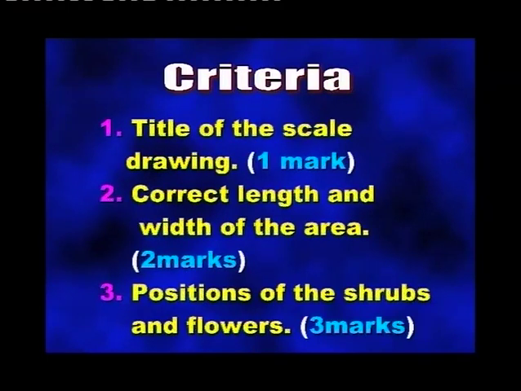Okay, let's have criteria 2. The second criteria: correct length and width of the area. Good. Now, the length and the width of the area, you are going to measure in square meters because you will be using the 1 meter ruler.